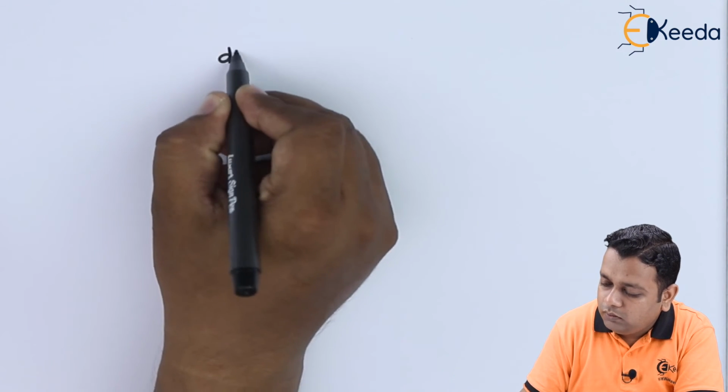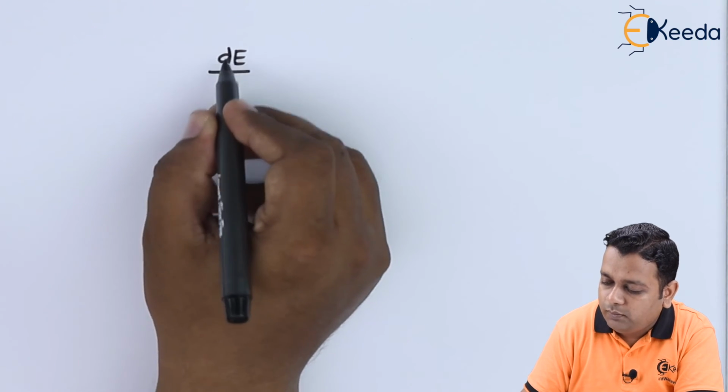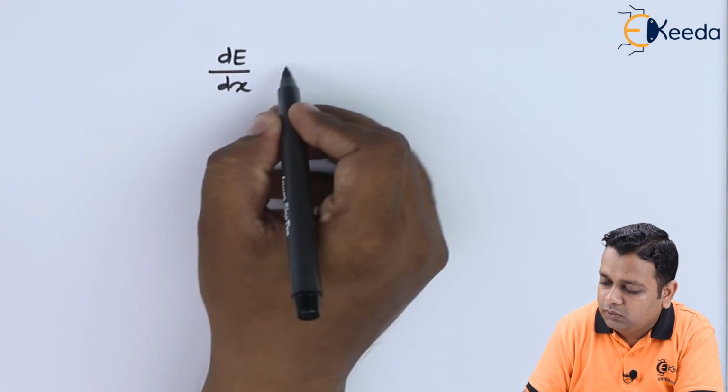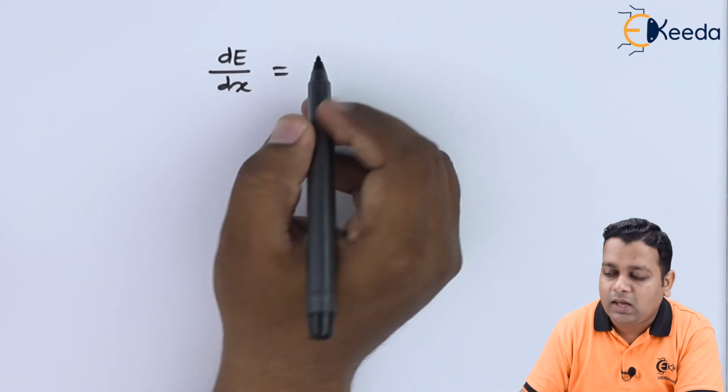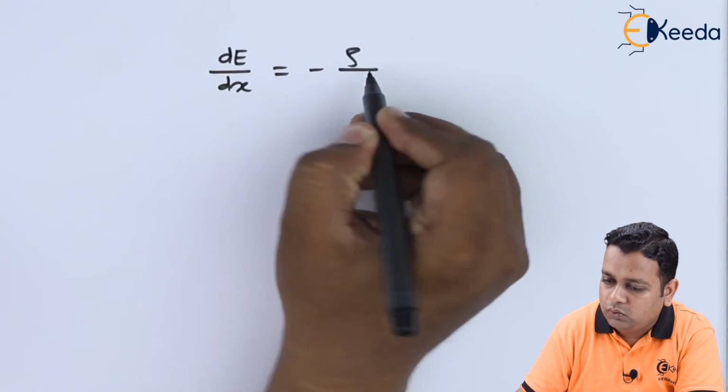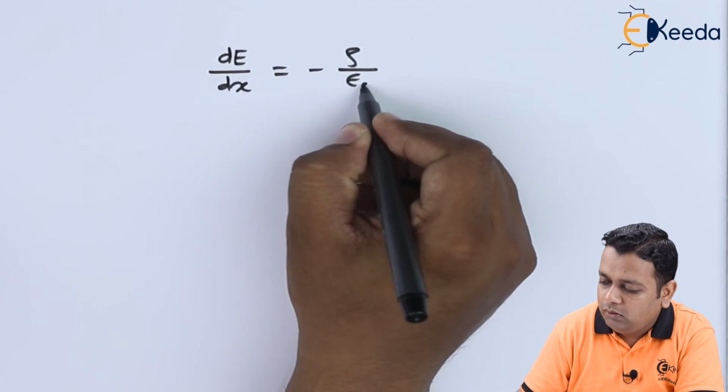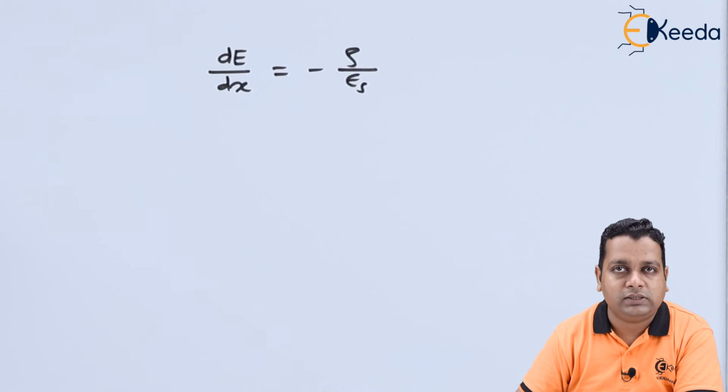So taking the help of Poisson's equation, we can represent the mathematical form as dE/dx computed as minus rho divided by epsilon suffix s.